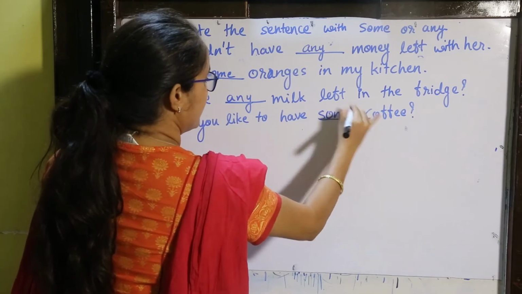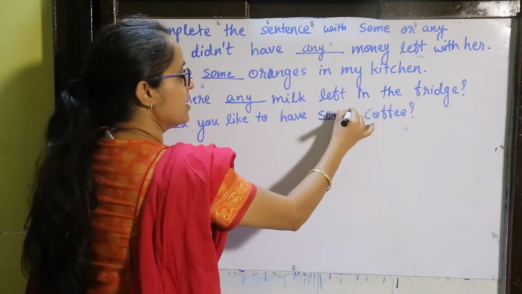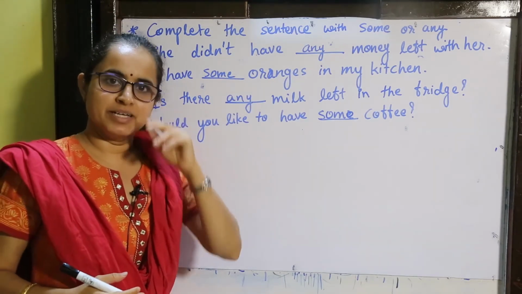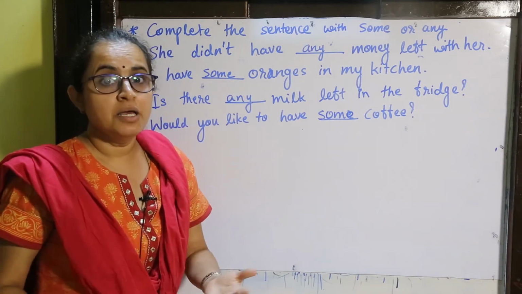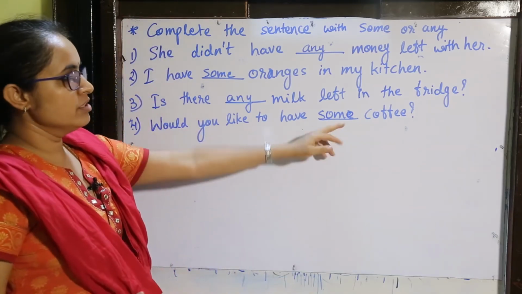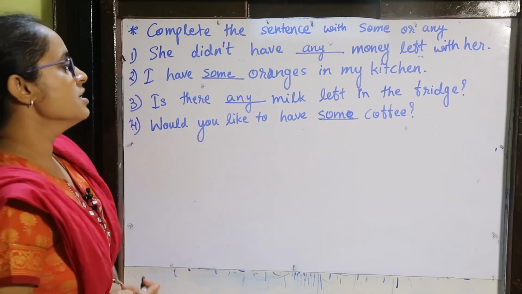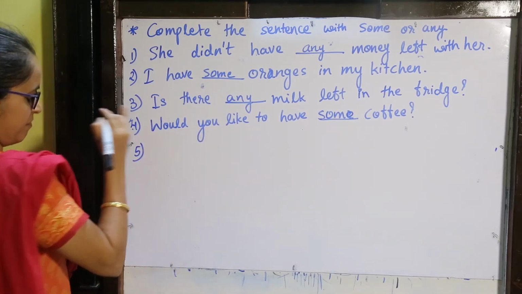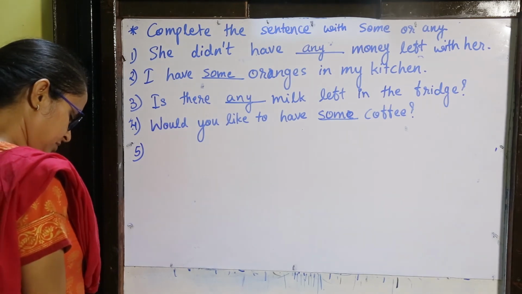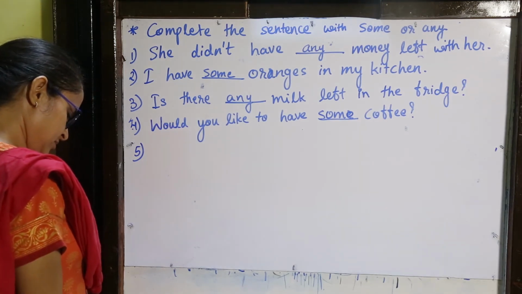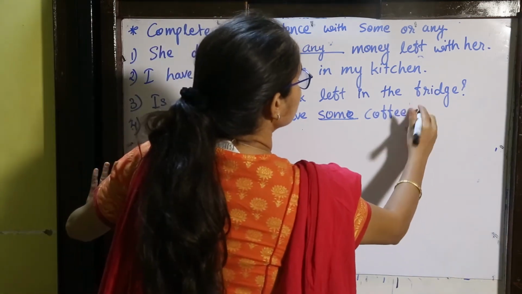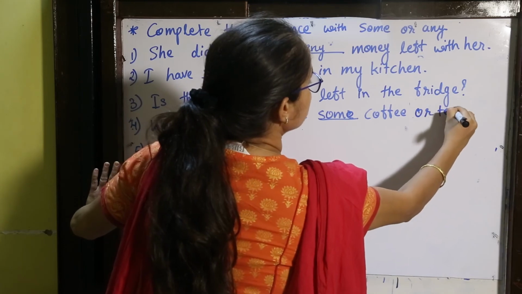Because we are going to make the other person say yes. If someone comes to your house, your mother says, will you have tea, please have tea. Why? Because we want a yes answer. So that is why here also we need a yes answer. That's why we use some. Now the next one: coffee or tea, we will use both options. So we need to write both.